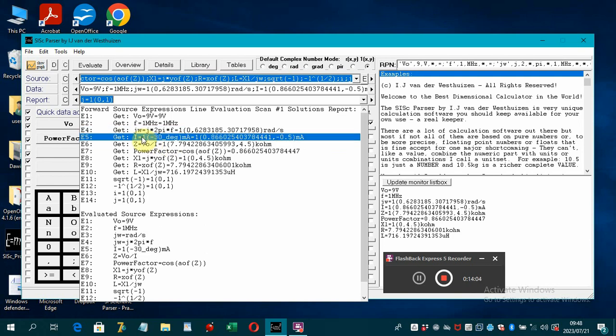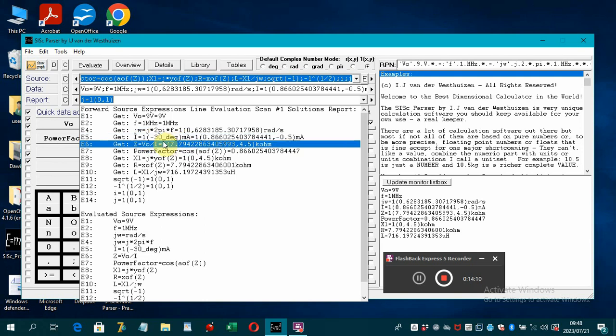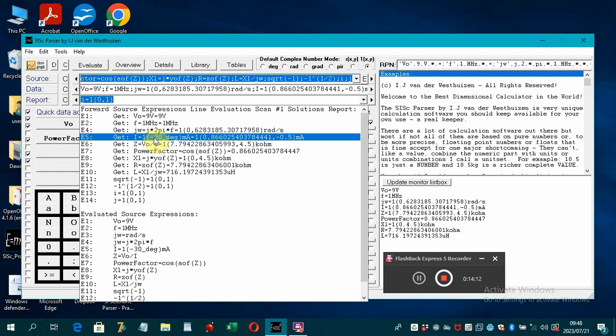So the current, I specified, I want 1 milliamp, with a phase angle of minus 30 degrees. Now that 30 degrees, you must understand that is a unit vector phase angle, and you multiply the unit vector. That minus 30 degrees is already a unit vector angled as basically one angled by minus 30 degrees.